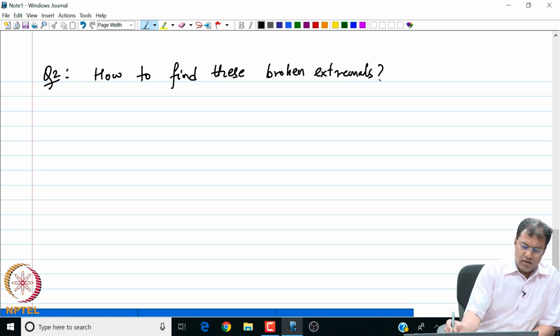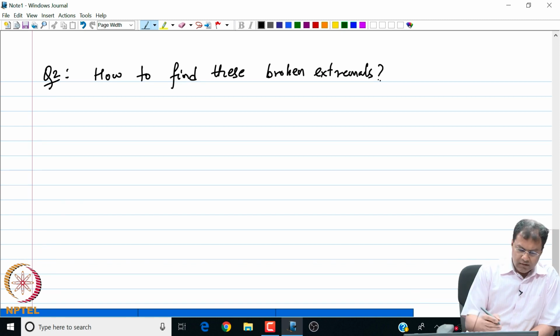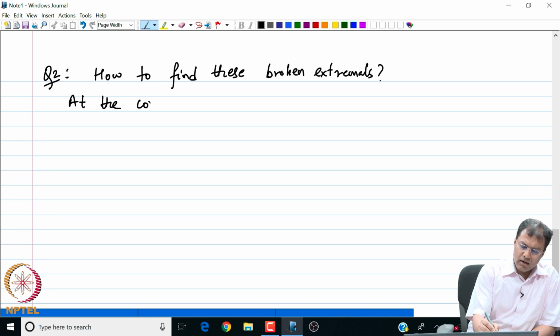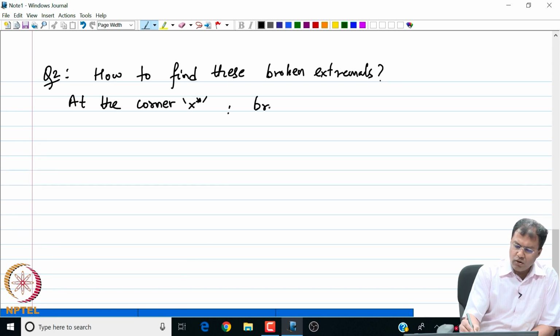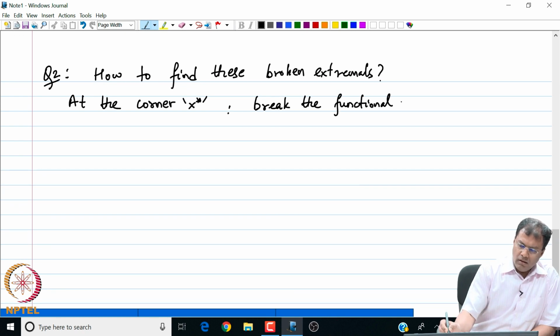Now, to do that, let us say at the corner point x star, we break the integral into two parts. Break the functional into two parts.